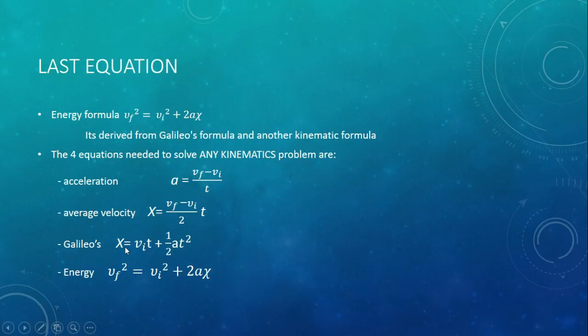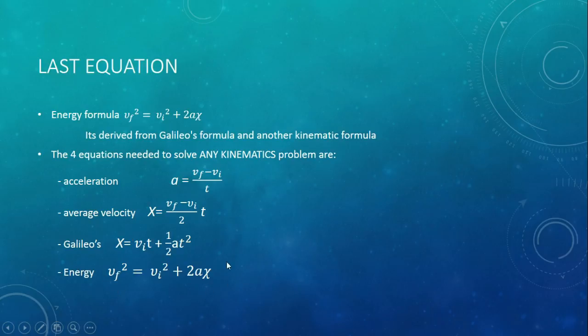Galileo's equation is initial velocity times time plus 1/2 acceleration times time squared is displacement. And this is the cool formula based off of that, time squared is proportional to displacement.